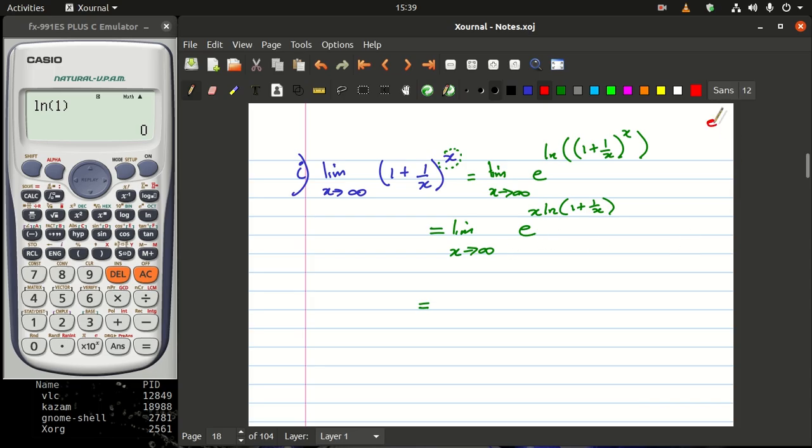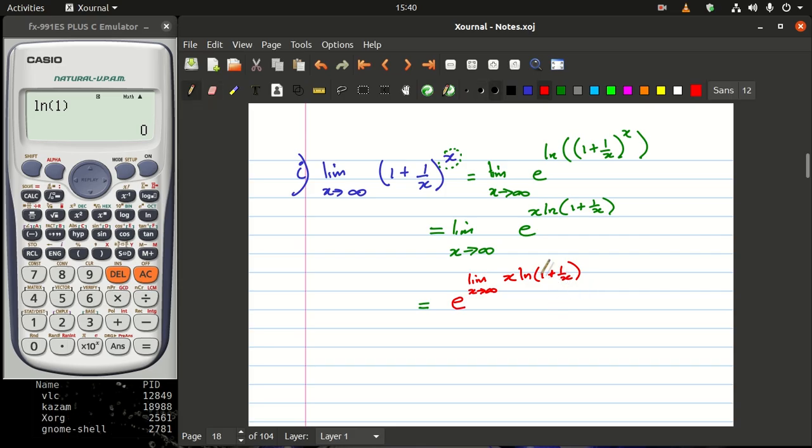The function e to the power x is a continuous function. If this function is continuous, it means that in this limit I can jump over the e and take the limit in the exponent to evaluate the limit. That is why I am spending so much time on this, because I know it is possible to deal with this very nicely.